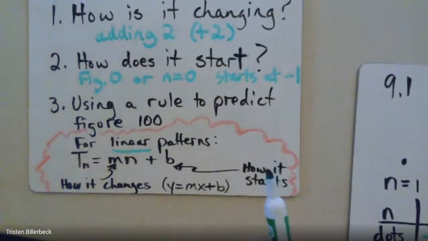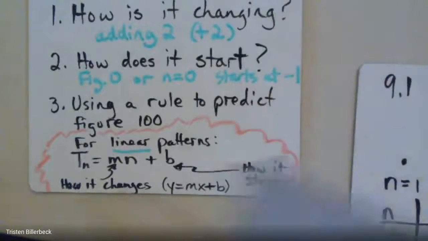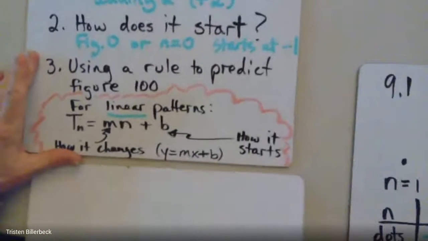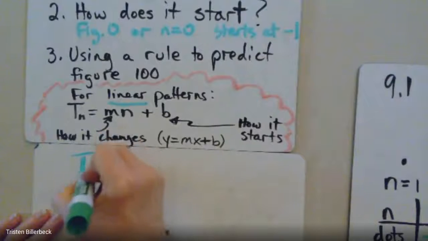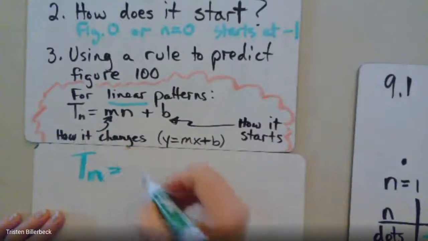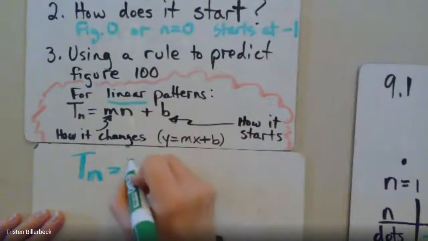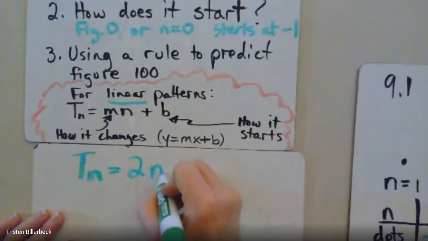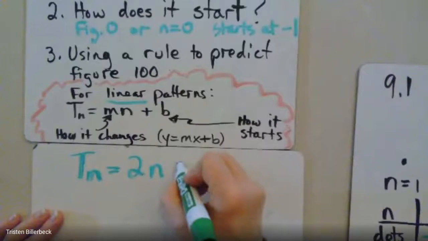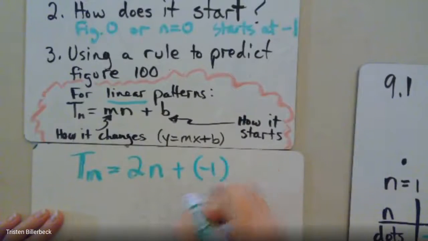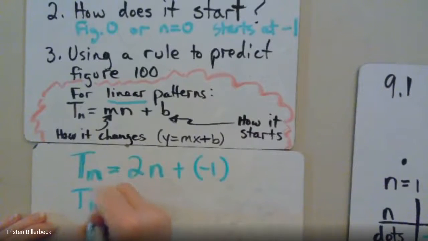So let's look at what possible rule we might be able to use to predict that. So if we fill this in, we have Tn equals, and we saw how it's changing by 2. And then we can put an n in here, and it started at -1. So to simplify this, we can write Tn equals 2n minus 1.